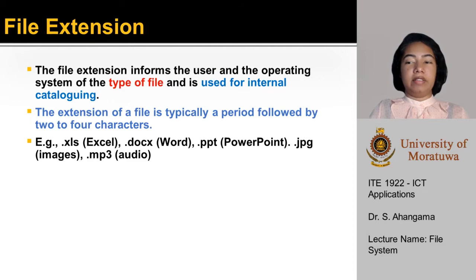The file's extension is typically a period followed by 2 or 4 characters. For example, we can consider doc, docx, ppt, pptx, jpeg, png, and mp3 file extensions.